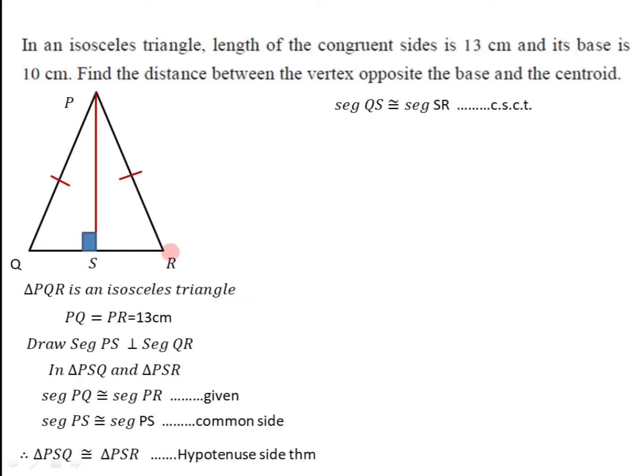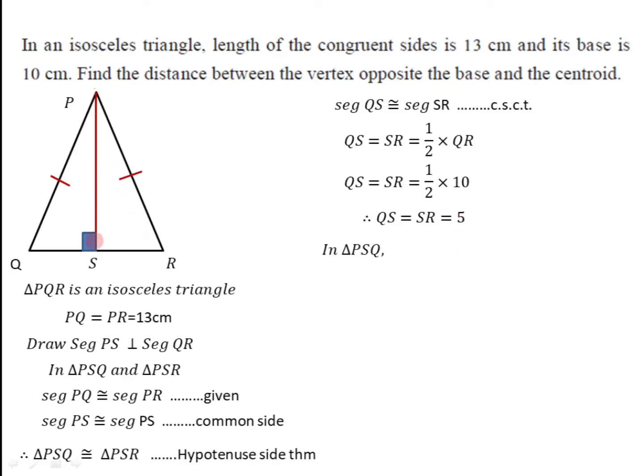Now we have QS congruent to SR. That means QS must be equal to SR, which must be equal to half of QR. So QS is equal to SR is equal to half into 10. Now if we divide 10 by 2, we get 5. Here the length of QS and SR is 5.